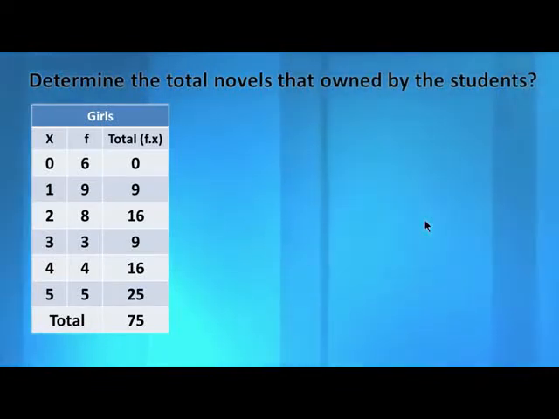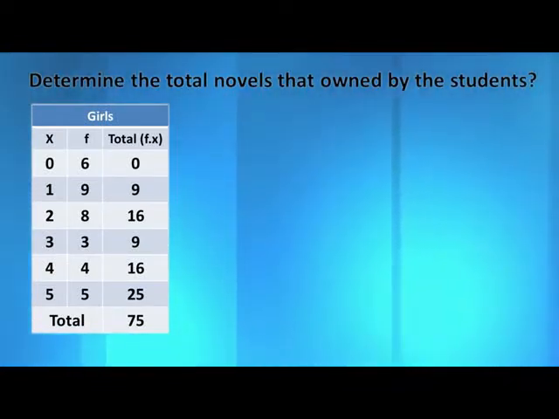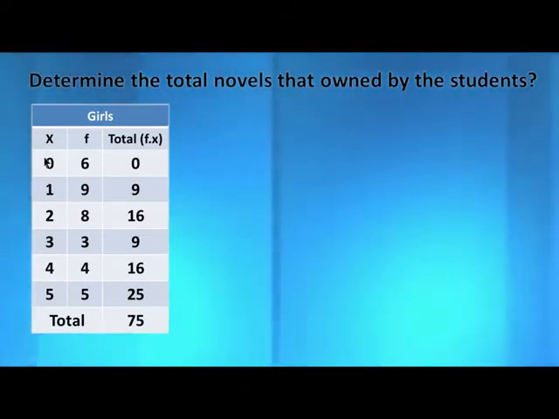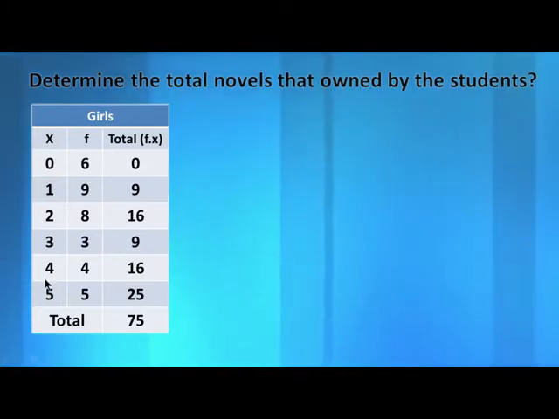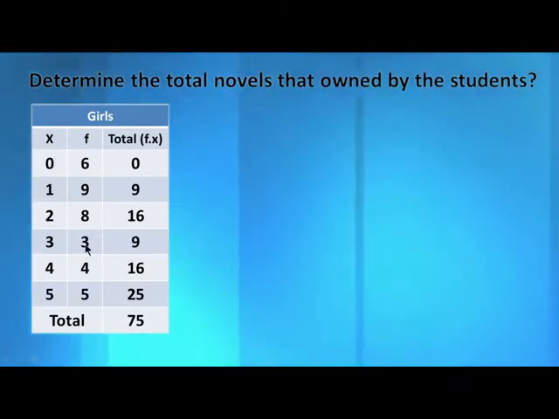Next, determine the total novels owned by the students. As you can see, X represents the number of novels owned by students, and F is the frequency.